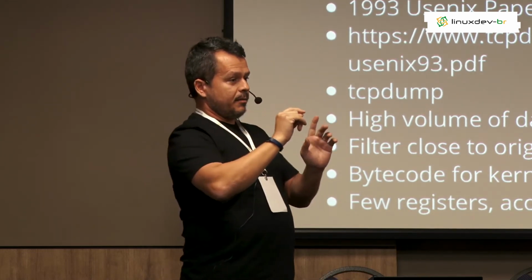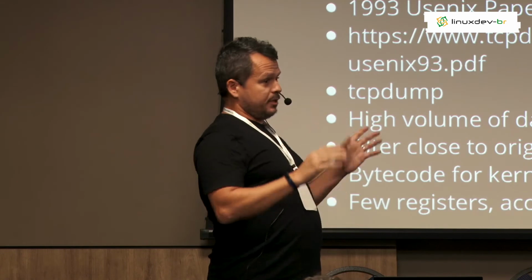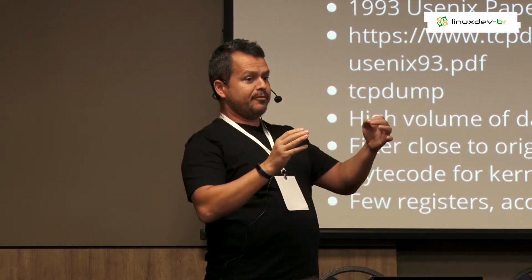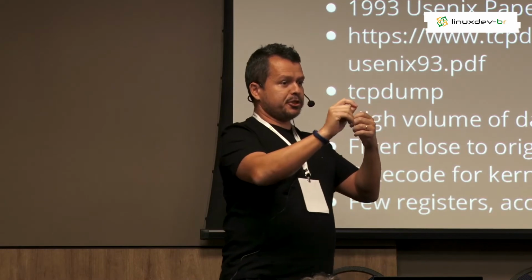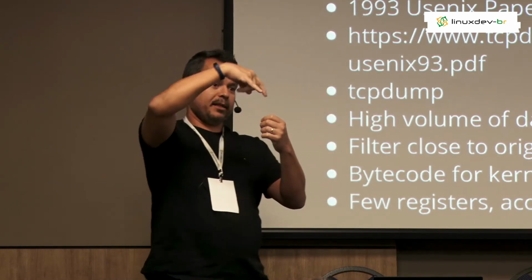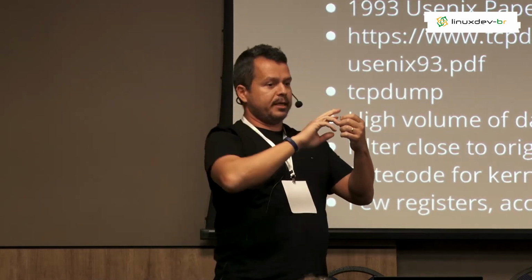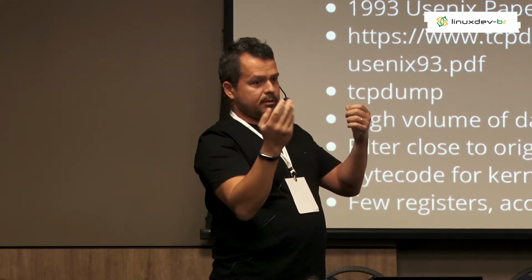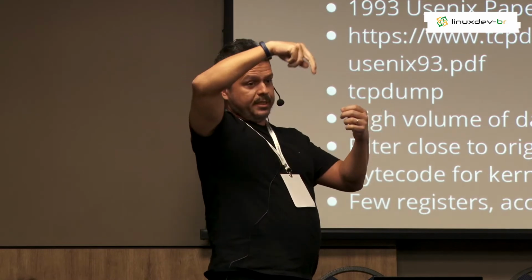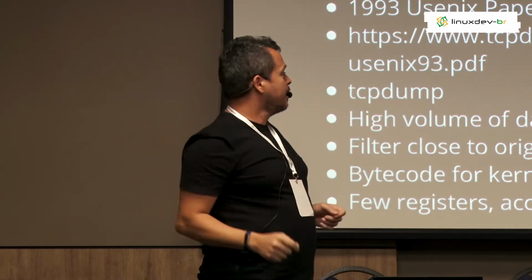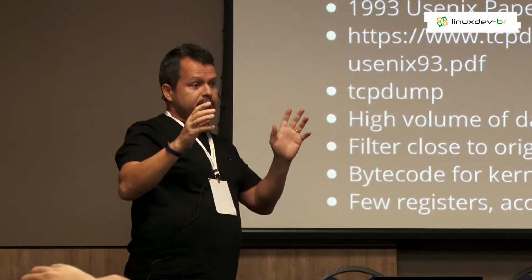Then in the kernel, when the packet arrives, you get this series of instructions, and it's going to say, in the packet payload, go to the header, and then at offset something is where the port for the host is encoded in each packet. If it matches, then it goes on.